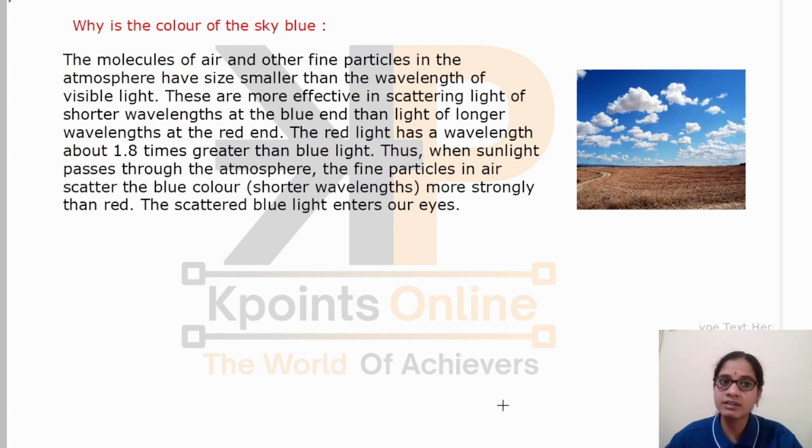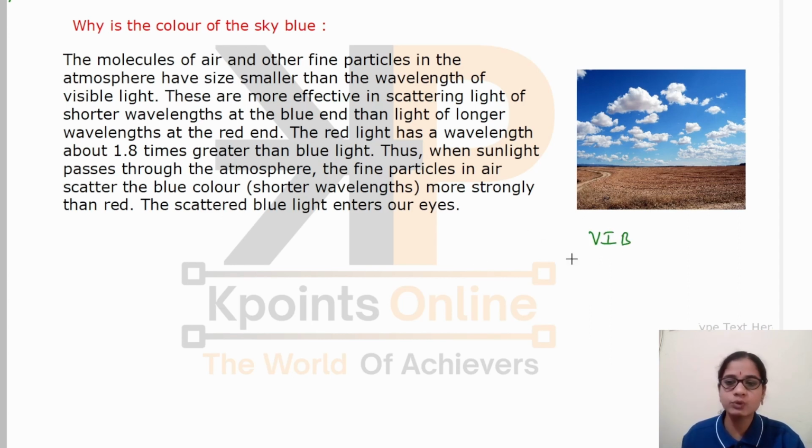We know that our earth is surrounded by the atmosphere, which contains molecules of air, and these air particles and other fine particles have a size smaller than the wavelength of visible light, because of which they are effective in scattering light of shorter wavelength like blue color. Which colors have shorter wavelength?